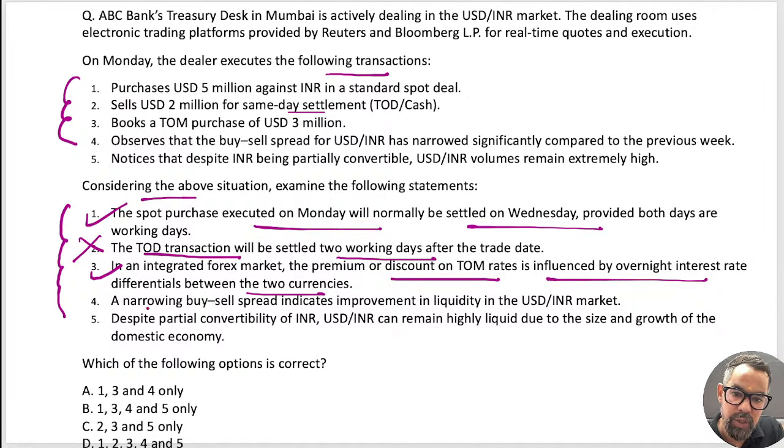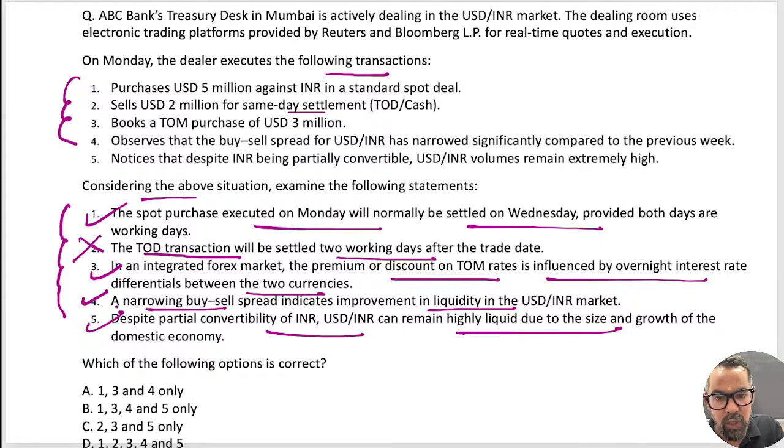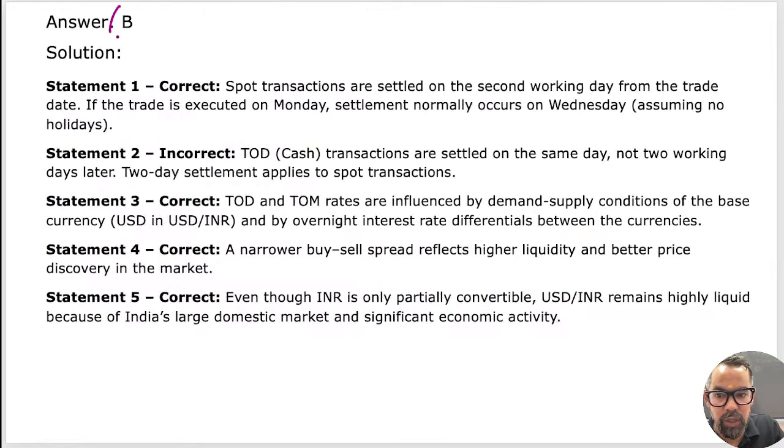A narrowing buy-sell spread indicates improvement in liquidity in the USD INR market. Despite partial convertibility of INR, it is highly liquid, yes. So 1, 3, 4, 5 means option B only will be the right answer for this particular question. Correct, guys?